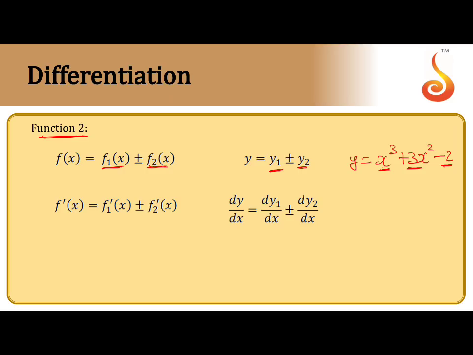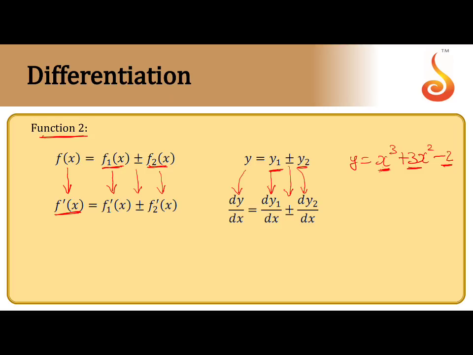Then how do I do the differentiation? On differentiating f, you get f dash of x. It is given by the differentiation of the first term, whatever the sign was there, carry forward, differentiation of the second term. Differentiate y1, differentiate y2, continue with whatever is the sign between the two.